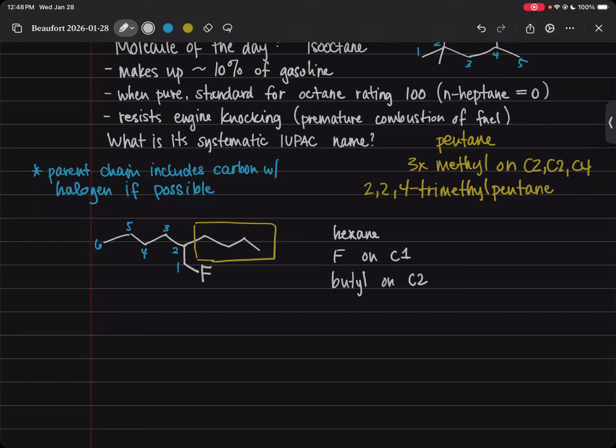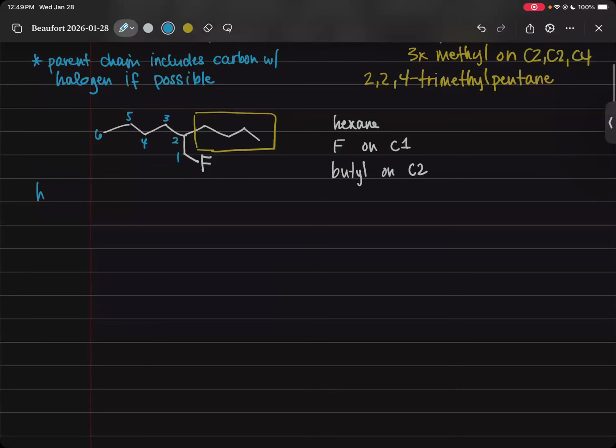Let's see, 2. Now, for the halogens, we're going to slightly modify the ending of the halogen name in order to make it a prefix. So for naming purposes, and I think these come pretty easily, fluoro, chloro, bromo, iodo.